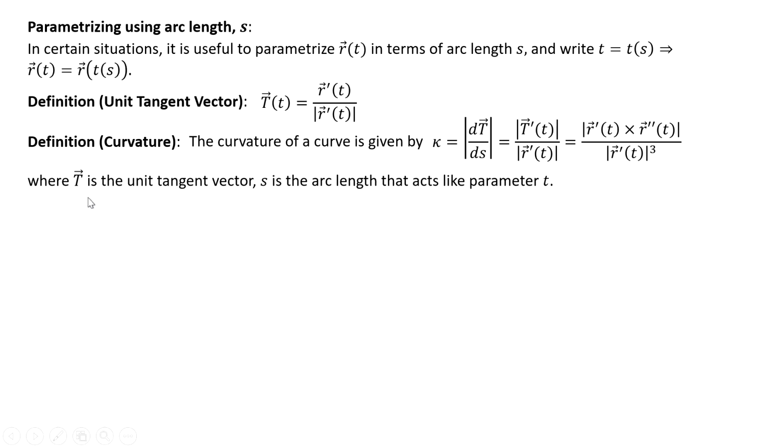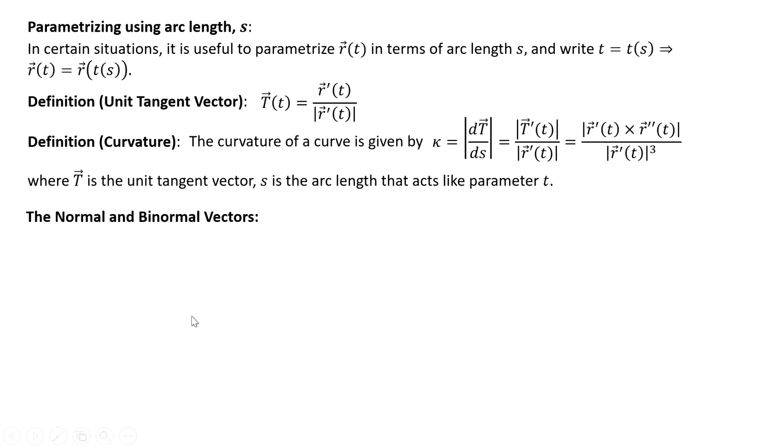Here T is the unit tangent vector, s is the arc length that acts like a parameter t. And it's in the curvature definition that we needed to express arc length and think of s as a parameter. That's why we defined parameterizing using arc length s.